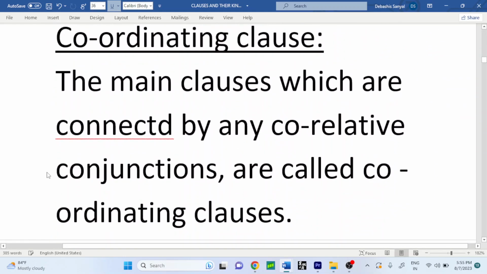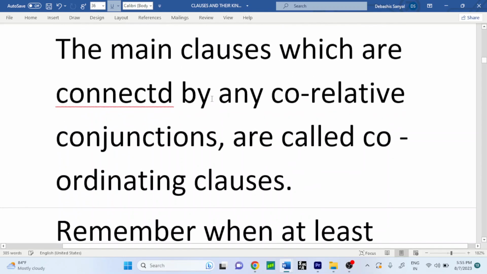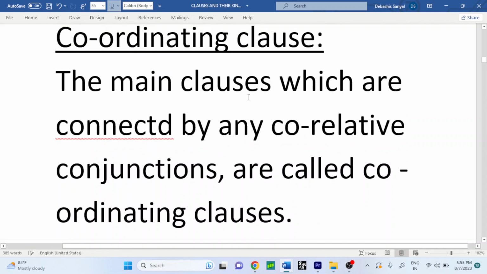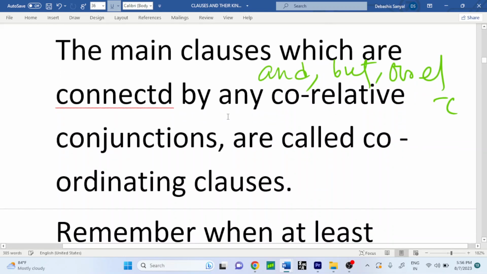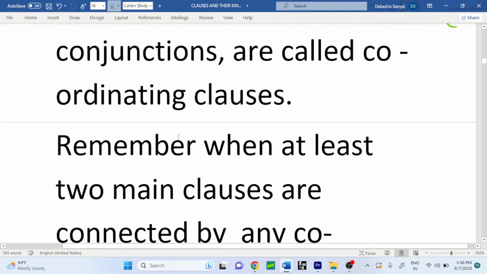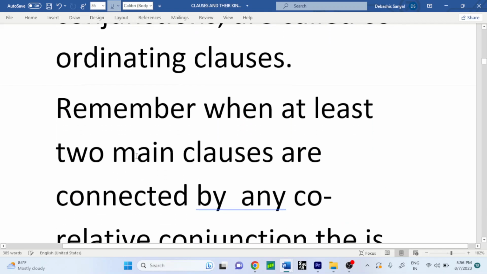Next one, coordinating clause. The main clauses which are connected by any correlative conjunction, such as and, but, or, etc., are called coordinating clauses.